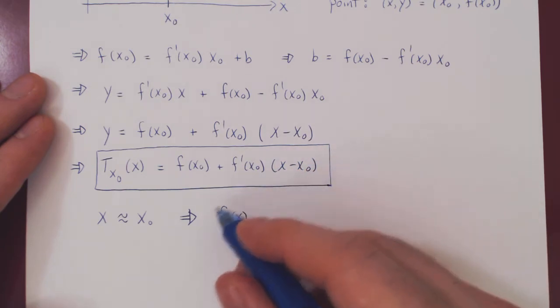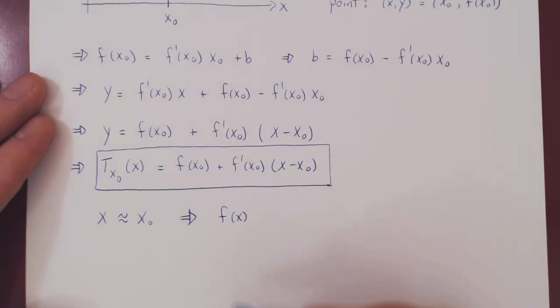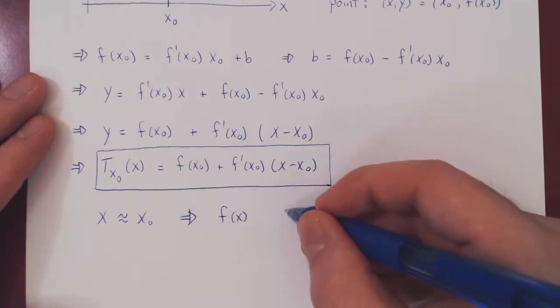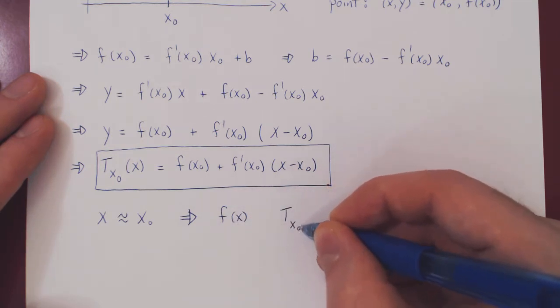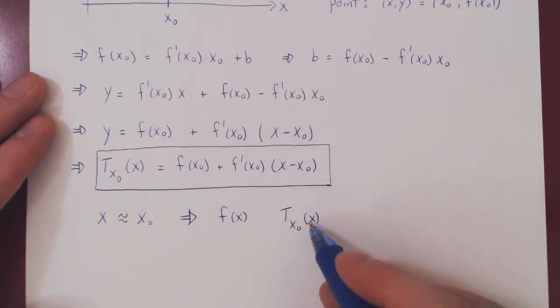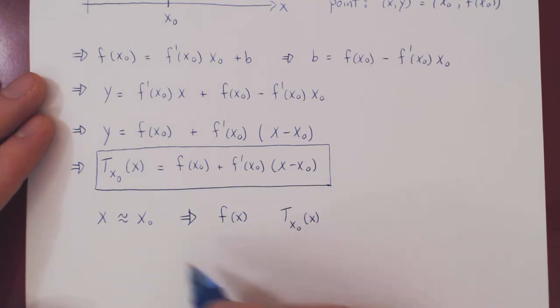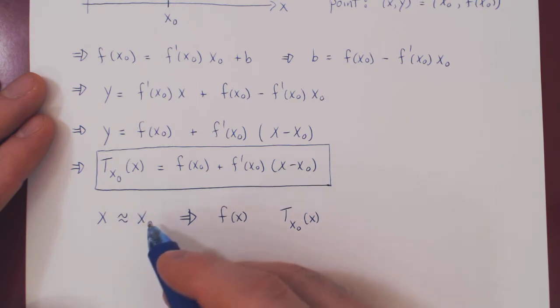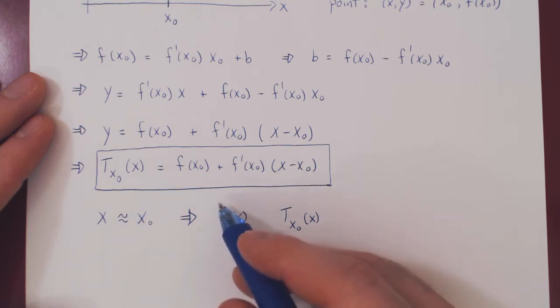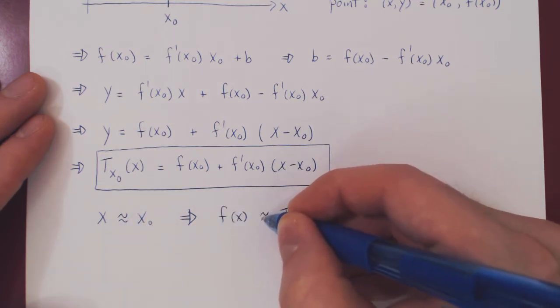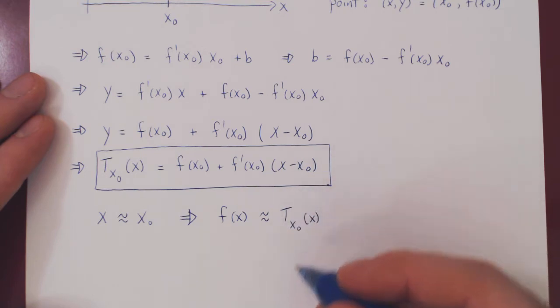F of x is the y value at x on the original function. The tangent line at x is the y value at the same point on the tangent line. And when x is very close to x0, the y values on the function are very close to the y values on the tangent line.